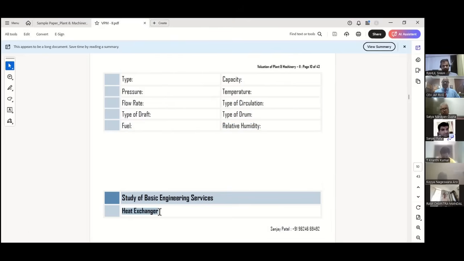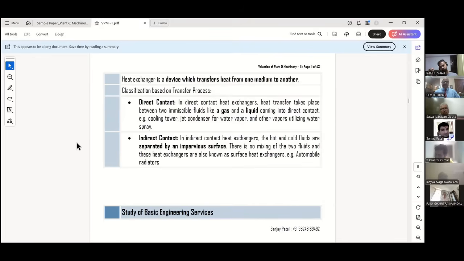Then heat exchanger. What is the function of a heat exchanger? Any question? Heat transfer. Heat exchanger is a device which transfers heat from one media to another media.